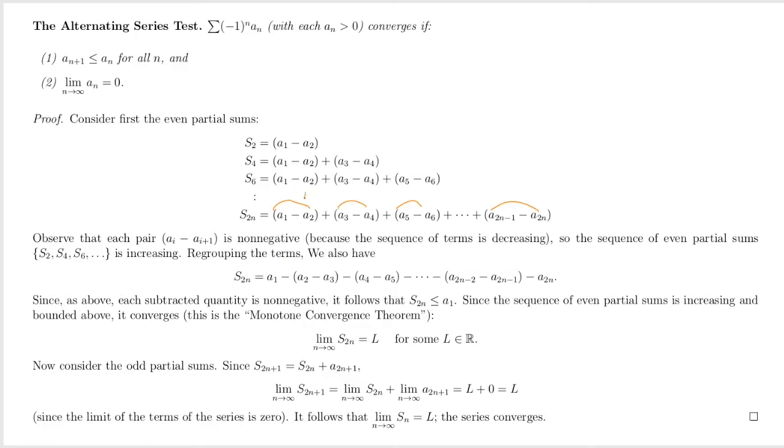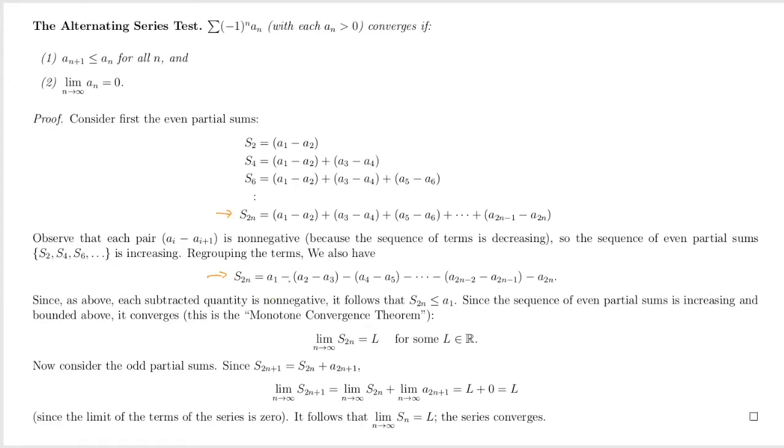We're taking some number, adding some non-negative number to it, and then another one, and so each even partial sum is at least as big as the one before it. So that's this statement here, that the sequence of even partial sums is increasing. We can also rewrite this expression for the arbitrary even partial sum like this.